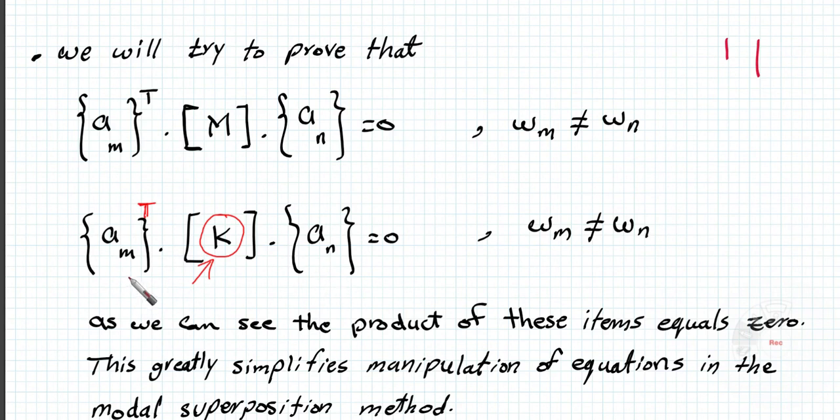As we said, assume this is mode 1, for example, this is mode 2, equal to 0, for the same condition, that is omega M does not equal omega N.